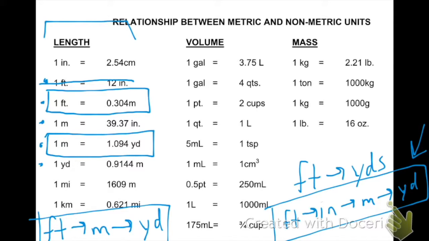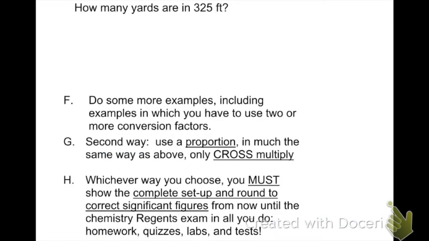Now that we figured out that we're going to go feet to meters and then meters to yards, let's write our conversion factors down. I'm going to write them down here. So we've got 1 foot equals 0.304 meters.